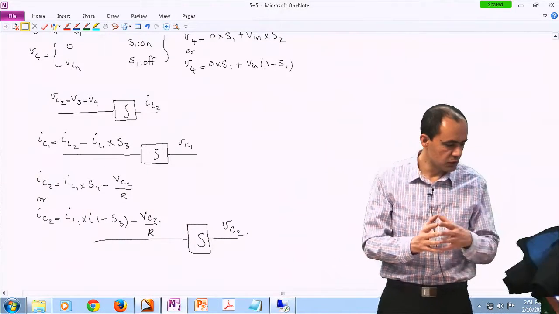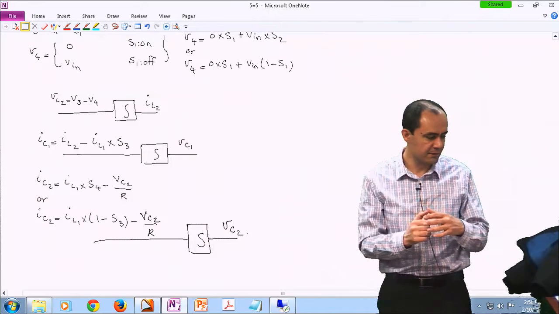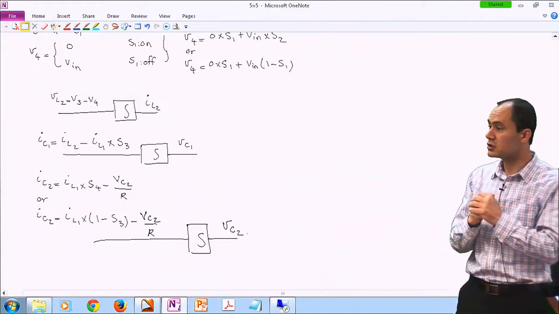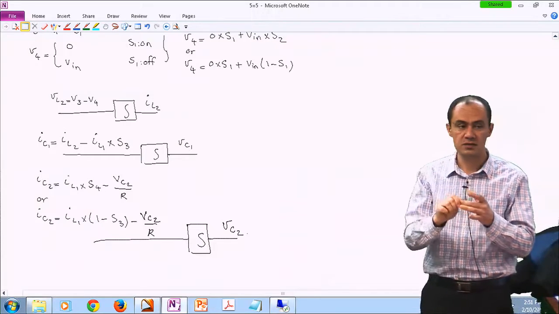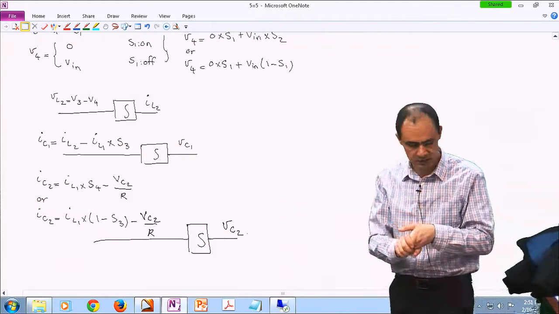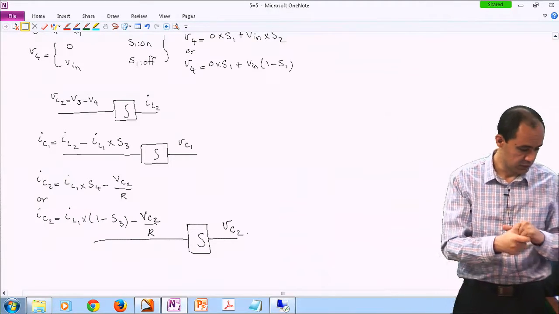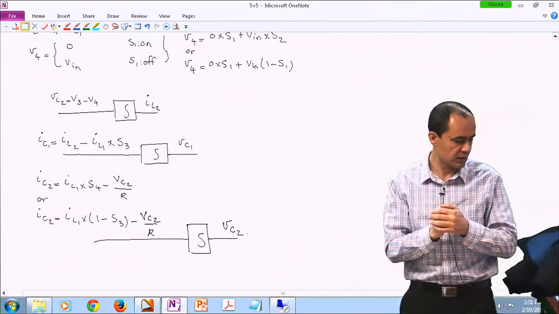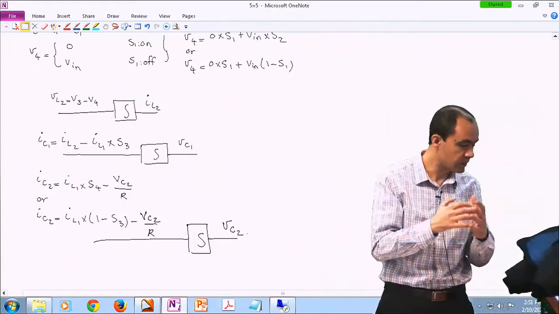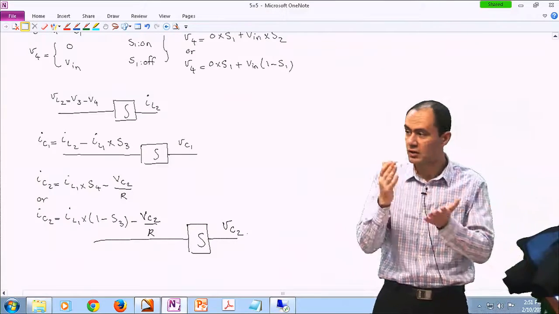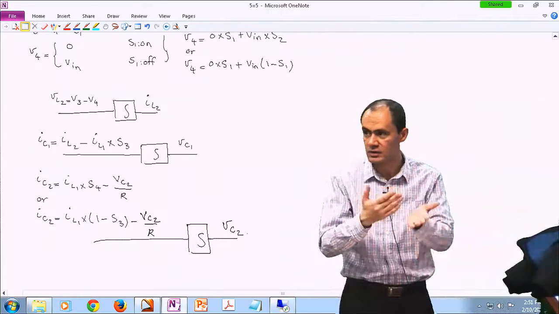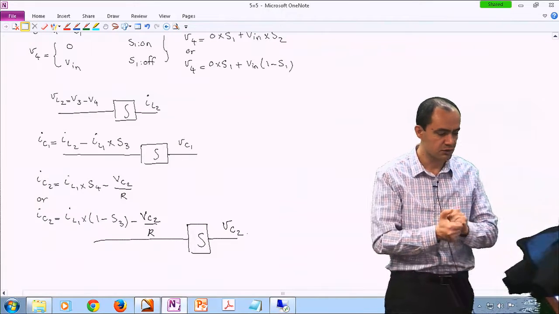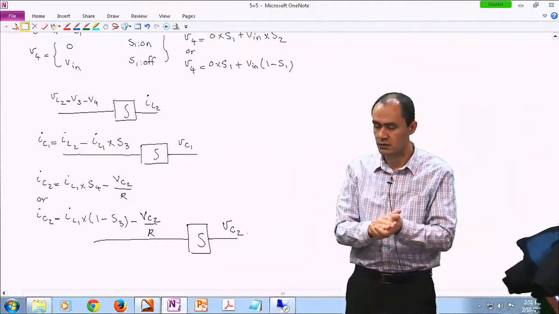The first set of equations that I had, I assumed I have all of the voltages, like V in voltage, V out voltage, VC1, VC2, as many capacitors as you have. And then I found the inductor currents. The second set of equations that I had, I assumed that I have all the currents, which is current of inductor 1 and inductor 2, and then I was able to synthesize all of the voltages, which is voltage of capacitor 1 and capacitor 2.